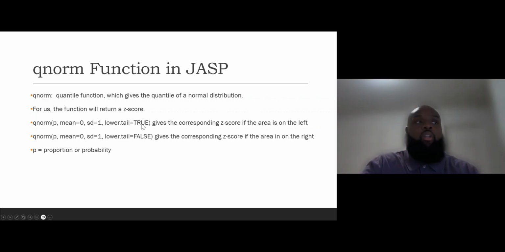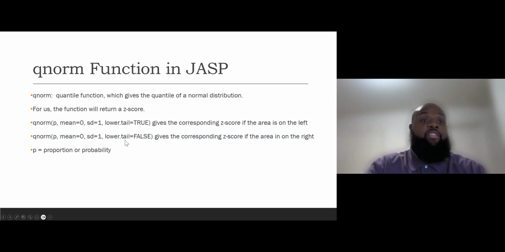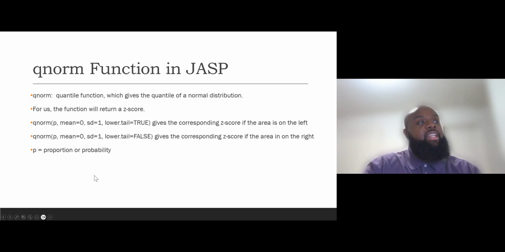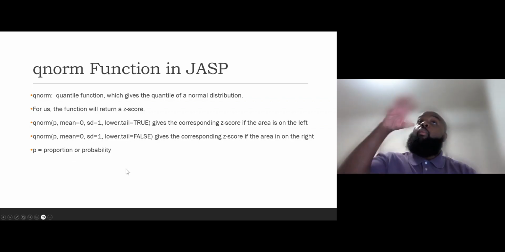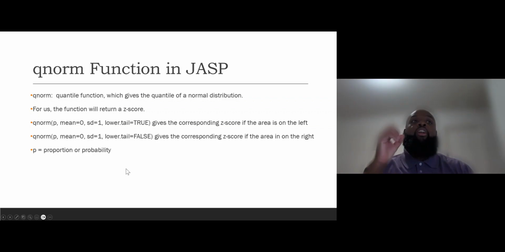So the lower tail of the distribution. And then we can adjust this to get the upper tail of the distribution, or from that z value and including all z values to the right, or z values that are greater. The big difference here, once again, is that p is that proportion or probability, which is the same thing as the area under the curve, that shaded area that we're going to be interested in.